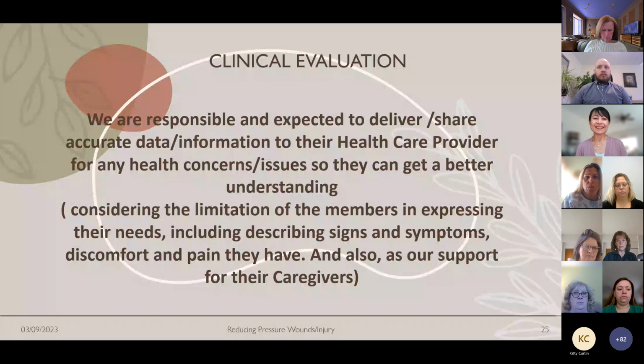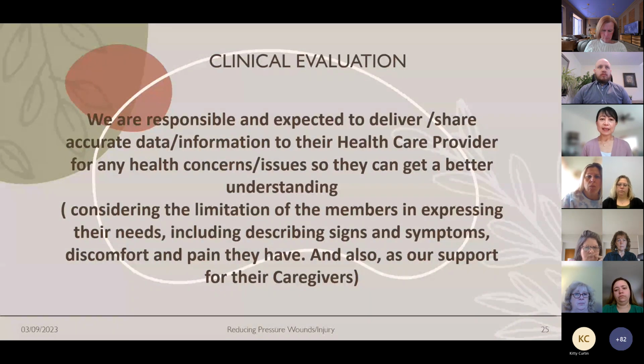Hopefully this won't happen. We are responsible and expected to deliver or share accurate data and information to their healthcare provider for any health concerns or issues, so they can get a better understanding.